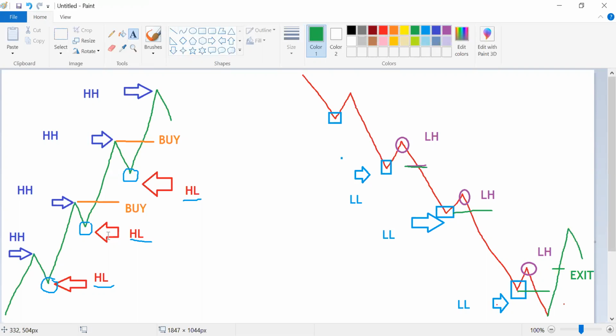How to identify trend, is it clear? Trend identification clear?